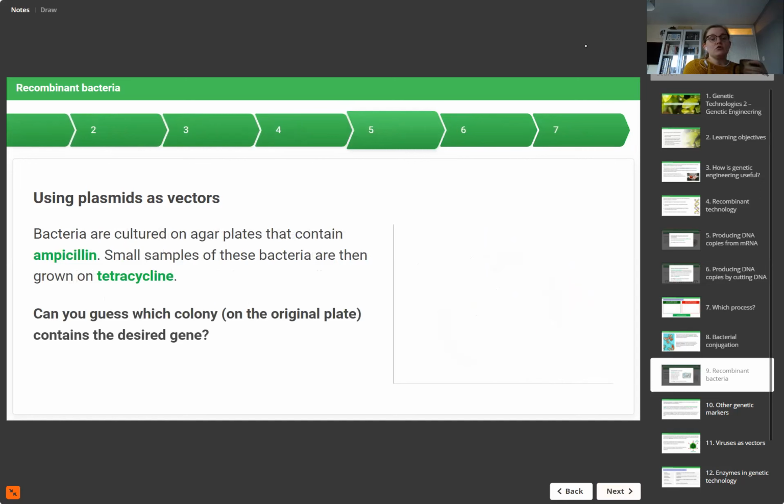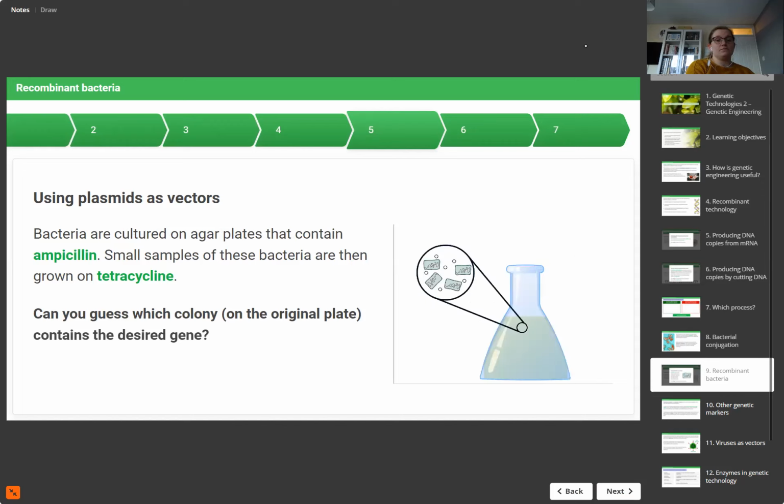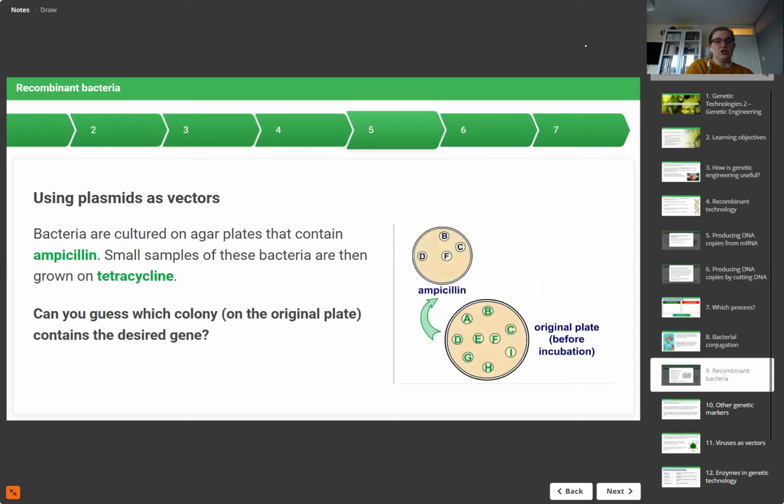So bacteria are cultured on agar plates that contain ampicillin, because ampicillin was one of the antibiotics they had resistance to. And then small samples of these bacteria are grown on tetracycline. Can you guess which colony on the original plate contains the desired gene?